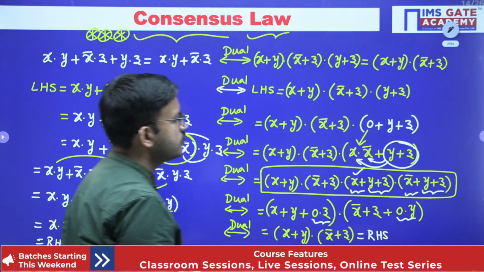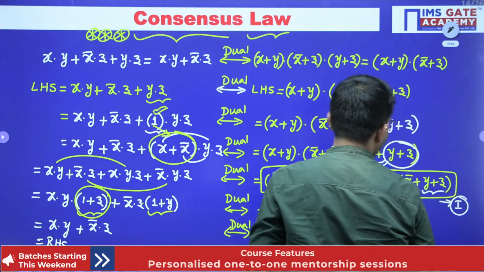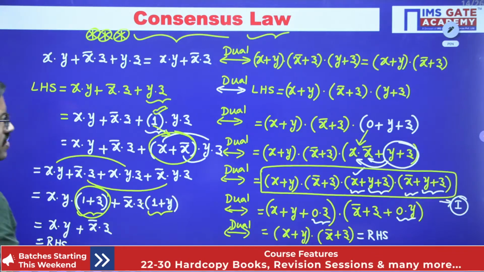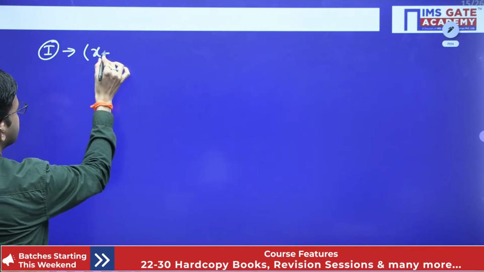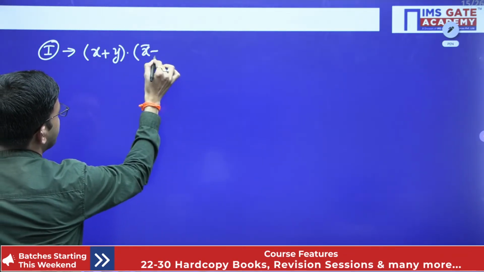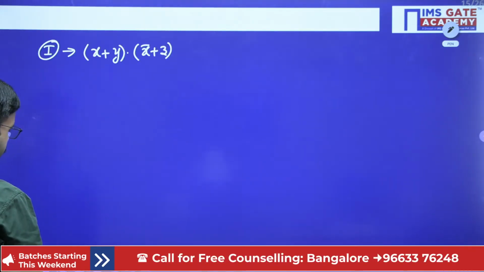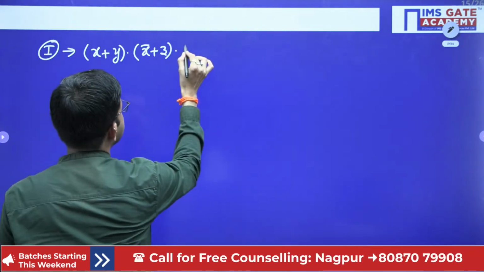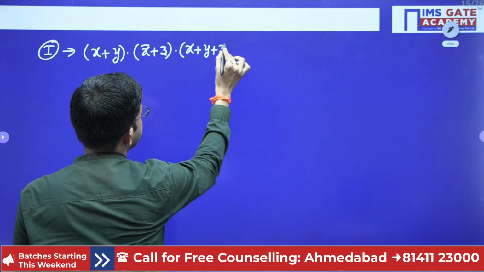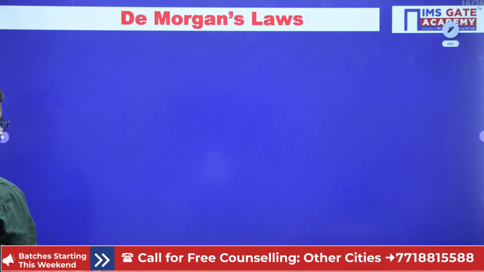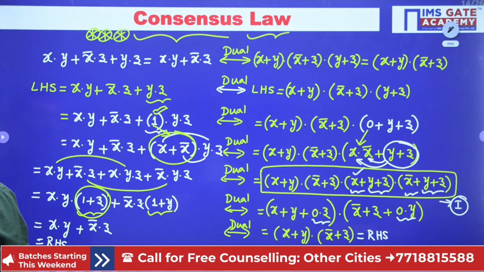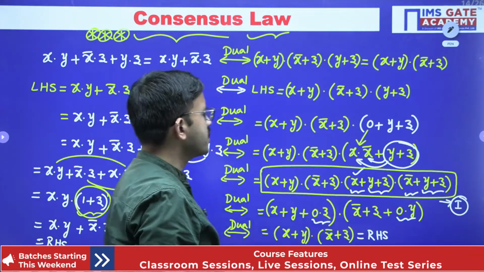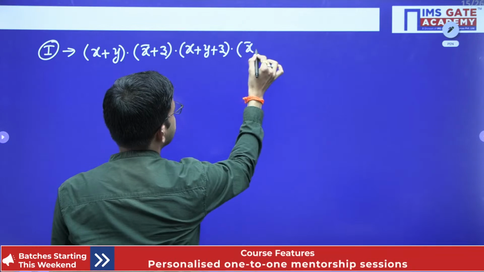For the timing, if you want, you can give this equation numbering as 1. x plus y into x bar plus z into x plus y plus z and then x bar plus y plus z.